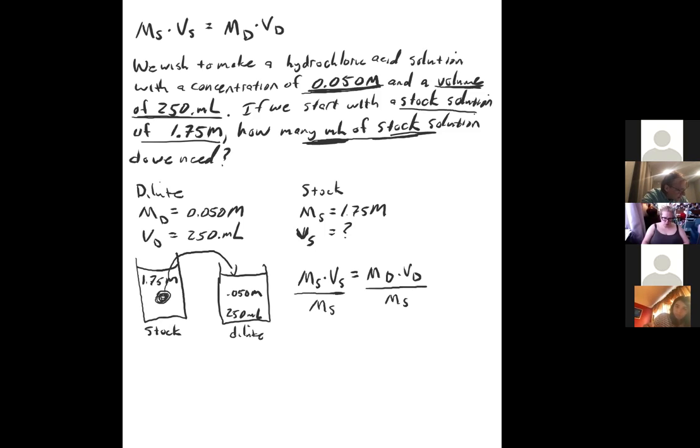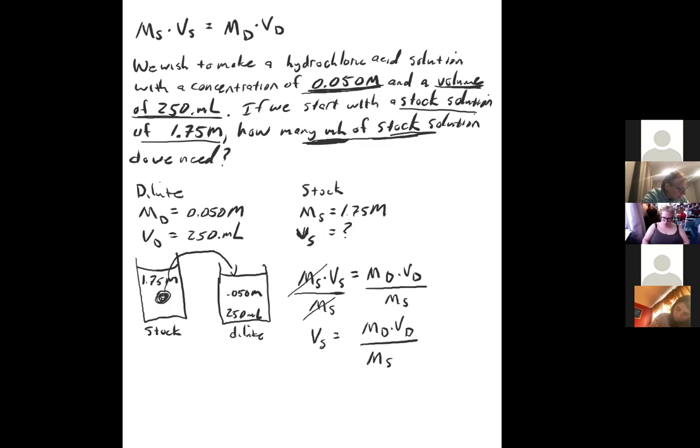The reason you divide is that if you divide the left side by that, you get 1. And so that leaves you with the volume of the stock is molarity of the dilute times volume of the dilute divided by molarity of the stock.